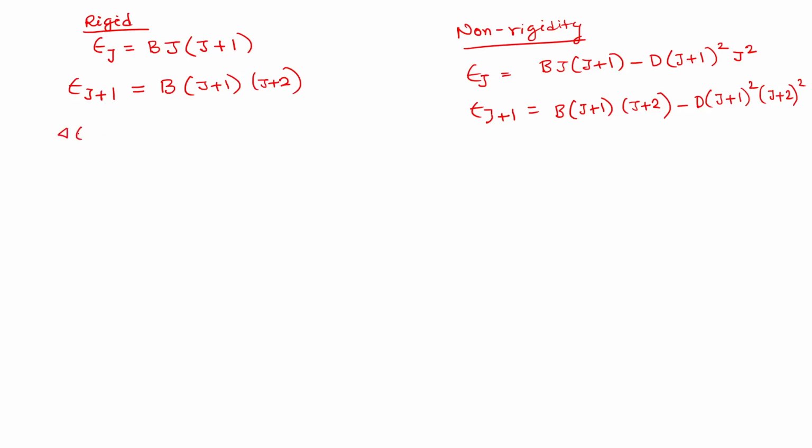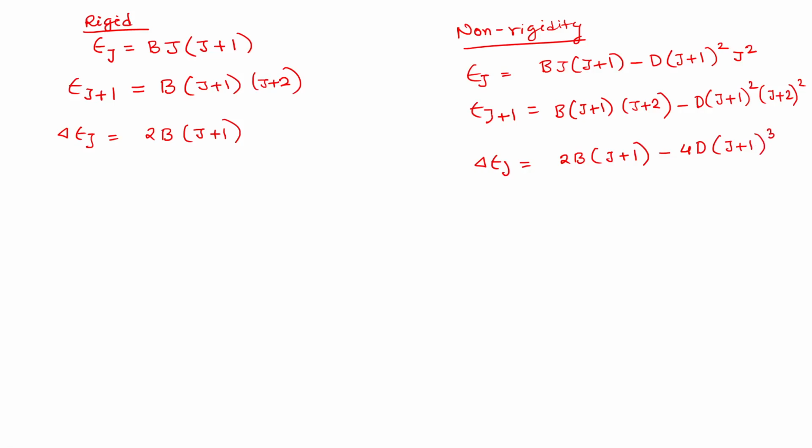So the energy difference in the rigid case is 2B into J plus 1. In the non-rigid case, it is 2B into J plus 1, minus 4D into J plus 1 whole cube.